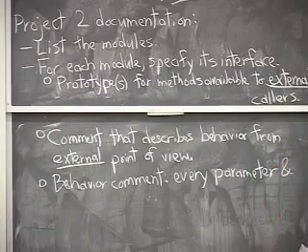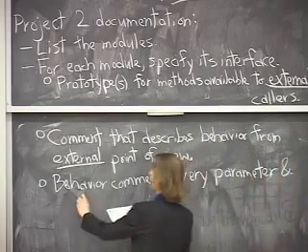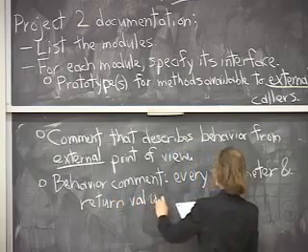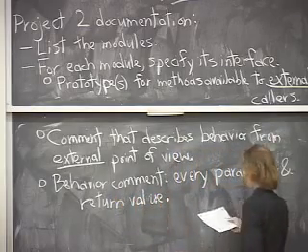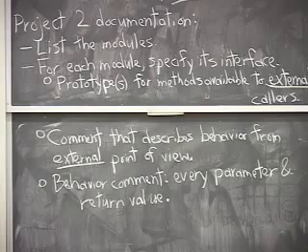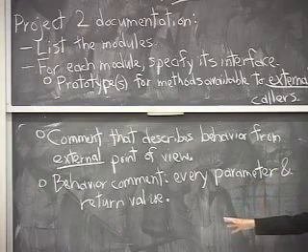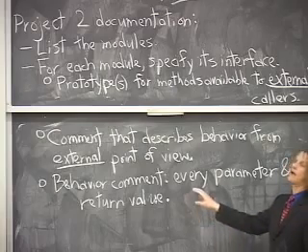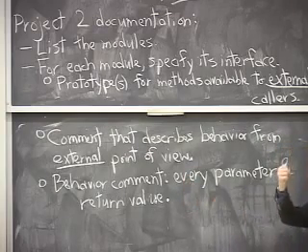List all the parameters and say what they do, and what the return value is, if there is a return value, and how these are interpreted. Because the parameters and the return values are really a contract between you and an application about how you are going to communicate with that application.